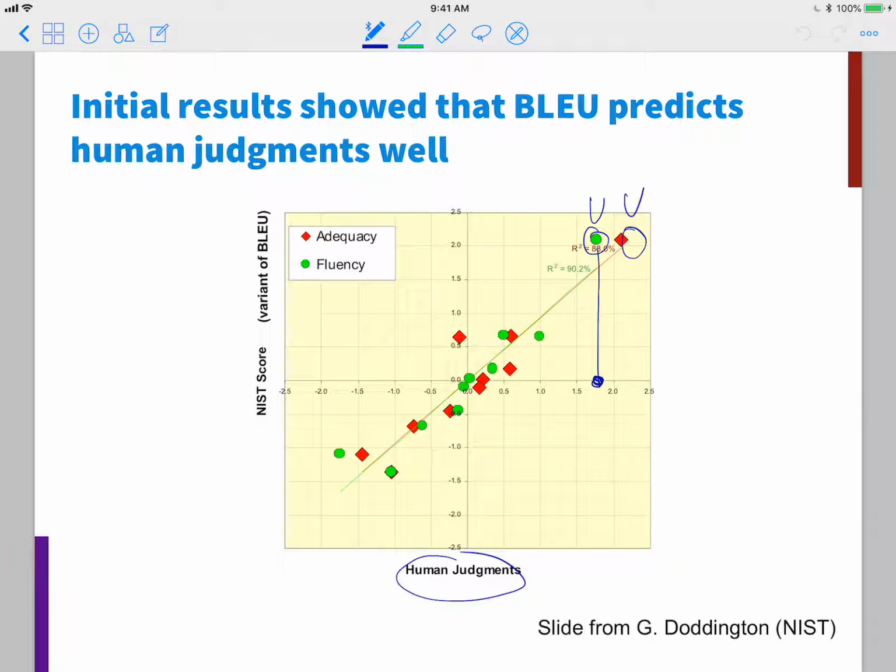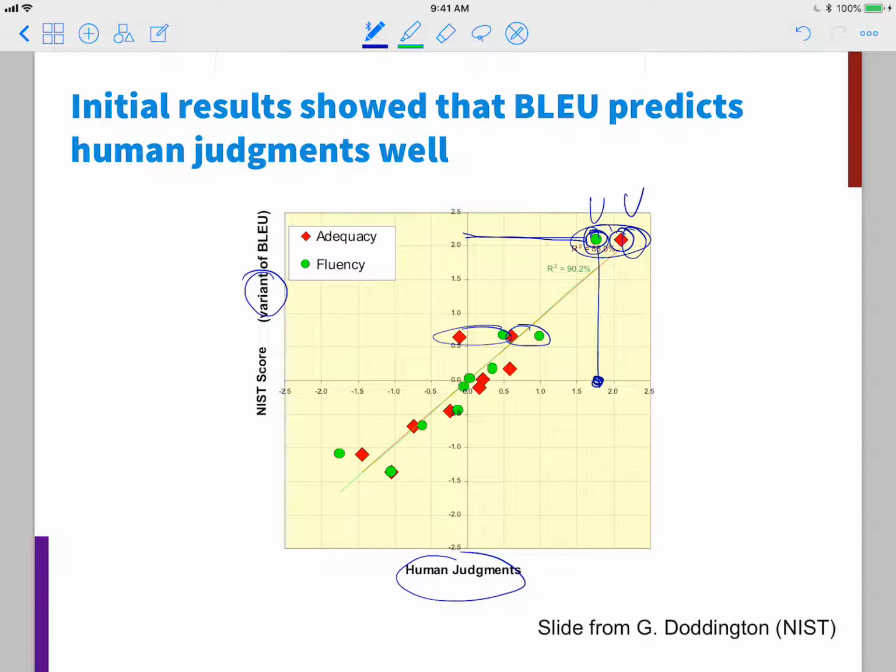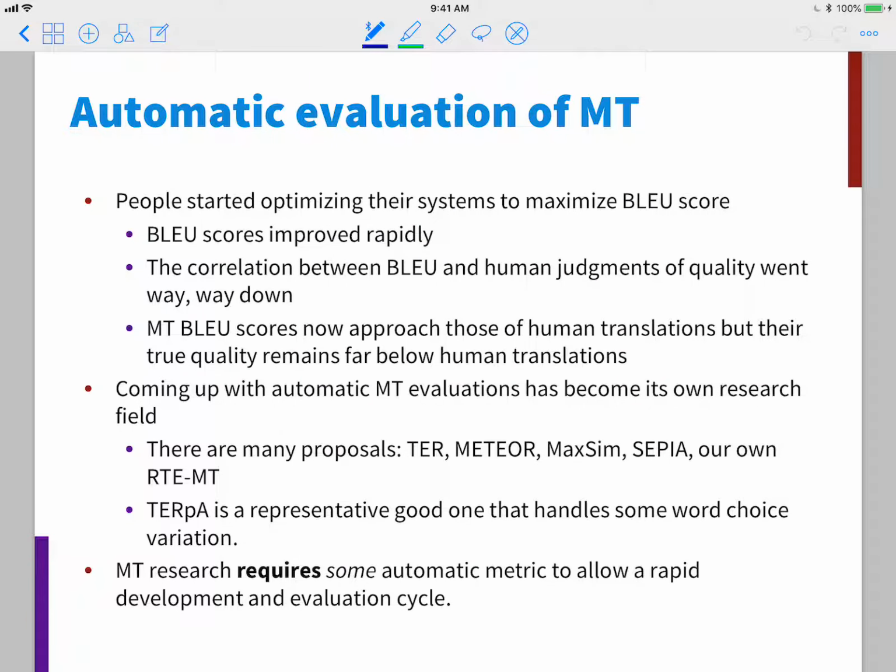For a particular sentence, there will be these two scores assigned by the human, and then the BLEU score, which is shown to be a variant of this BLEU score. Those two are pairs, corresponding to the same one because they have the same BLEU score value, and then we can compute this R squared or correlation coefficient between these two.